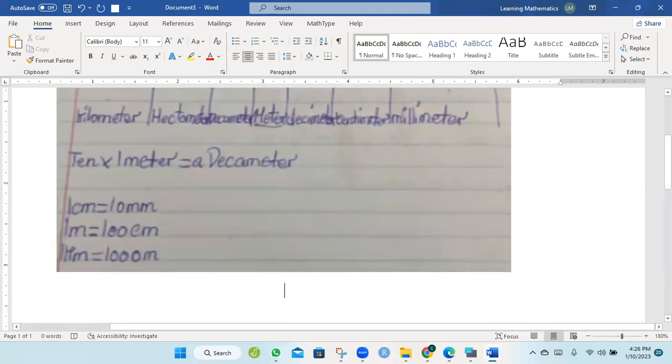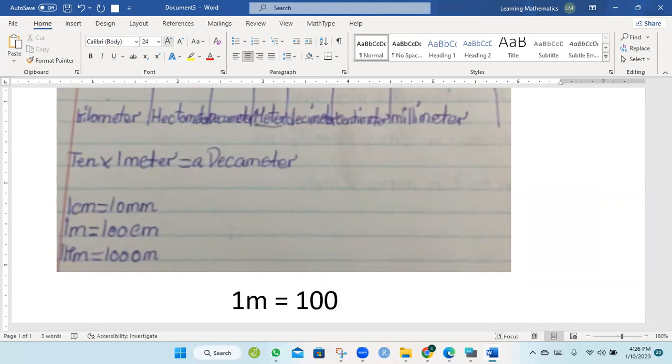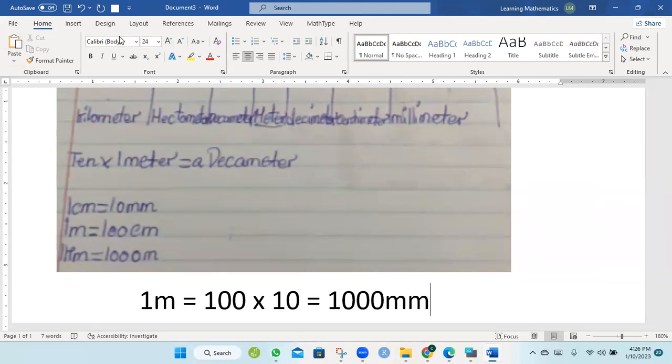Please take this down. 1 meter is equivalent to 100 times 10, which is equal to 1,000 millimeters. 1 meter is 1,000 millimeters. Please write this down.